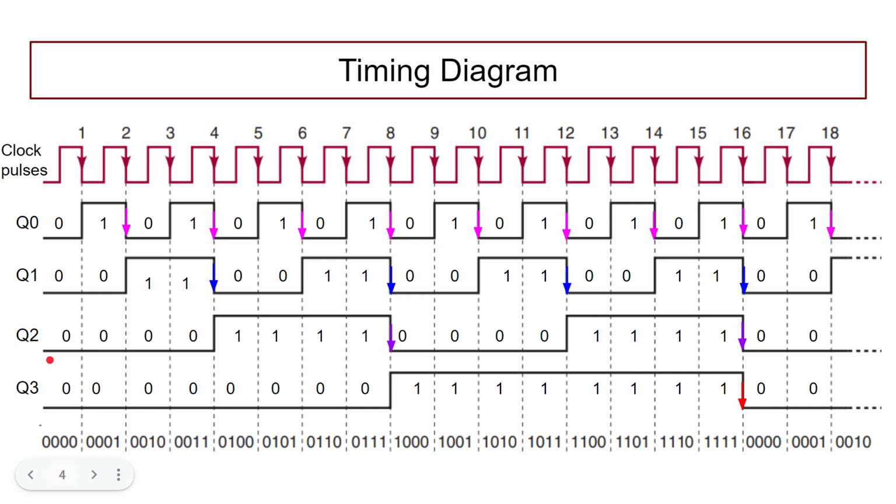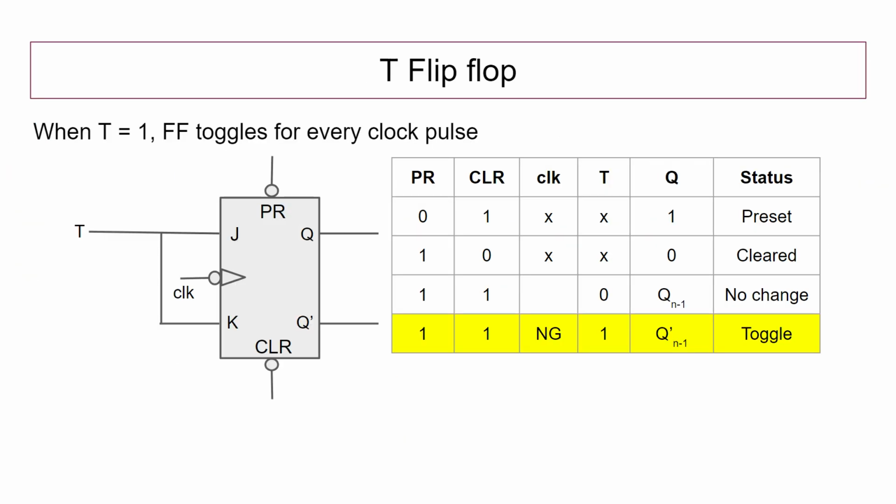In order to get Q2, we require a T flip-flop to which the clock input is obtained from Q1, and finally for generating Q3 we require a T flip-flop to which the clock is supplied from Q2.